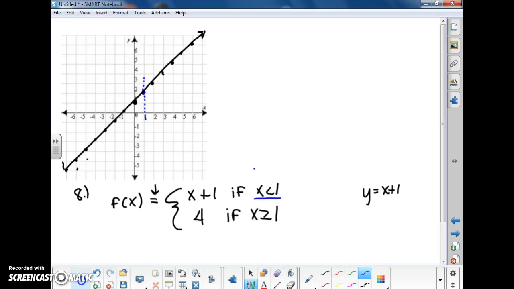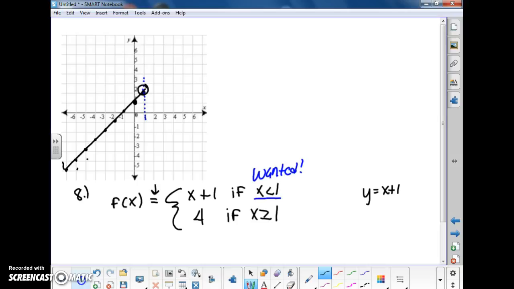So x is 0, negative 1, those are where x is less than 1. So I'm going to take my eraser and remove what's not less than 1. And the only thing left to do is close that off with an open or closed circle. Since there's no line underneath it, it's going to be an open circle.